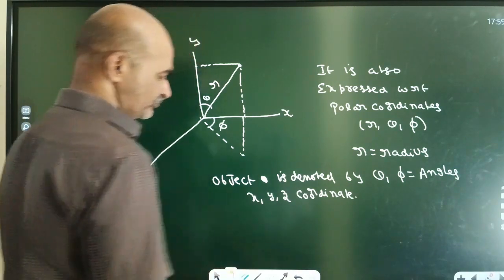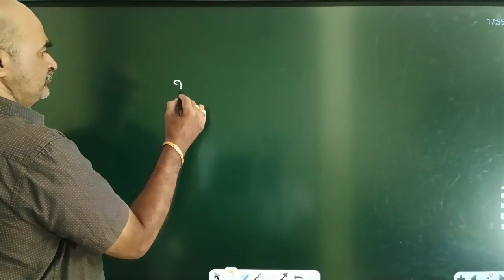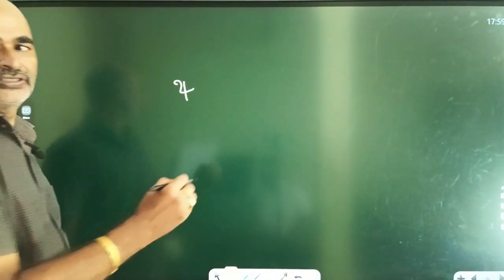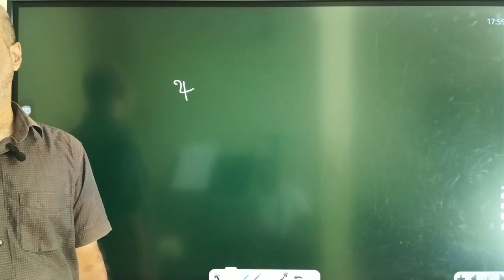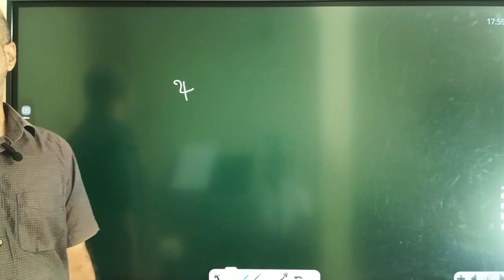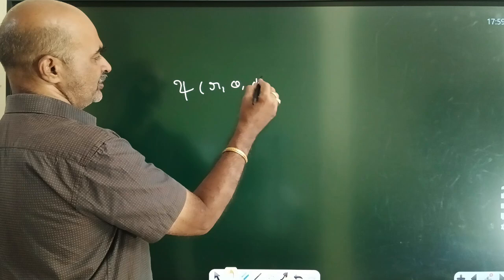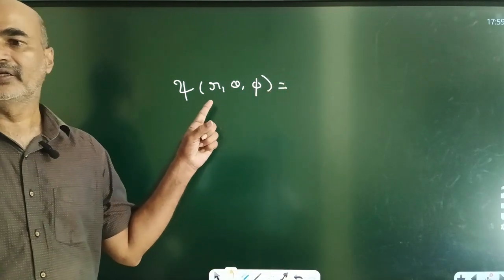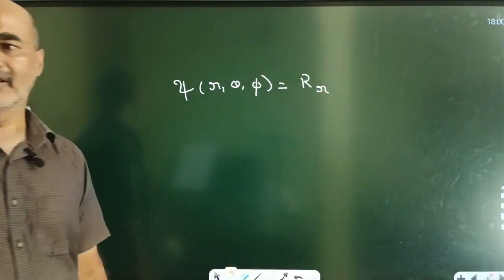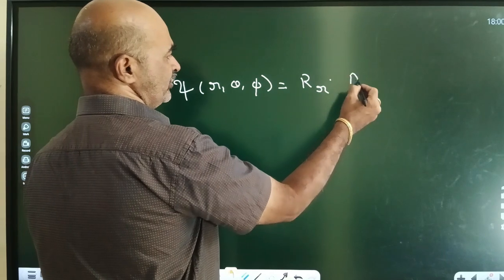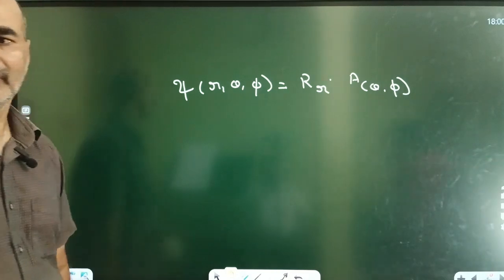So psi means wave function. Psi of r, theta, pi is equal to R of r into theta pi, where capital R is a function of small r, and the other factor depends on the angles theta and pi.